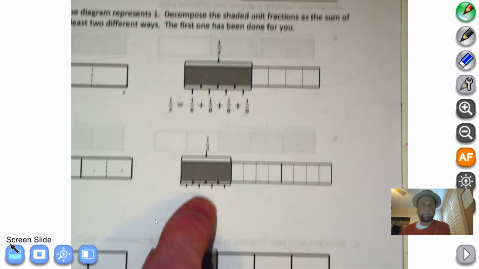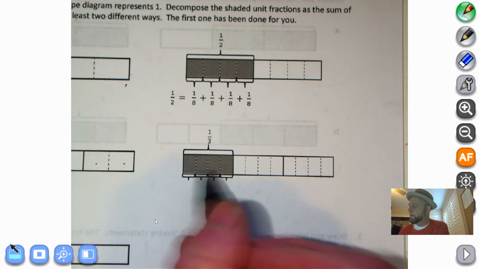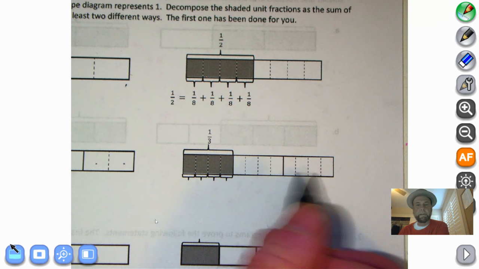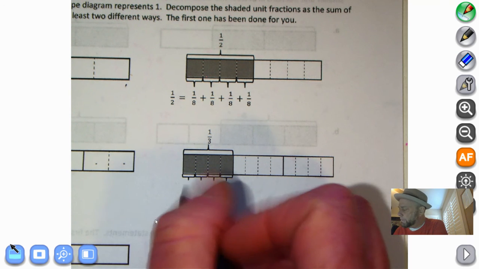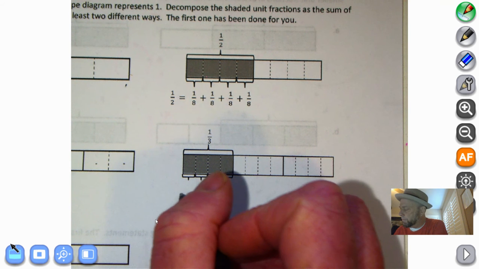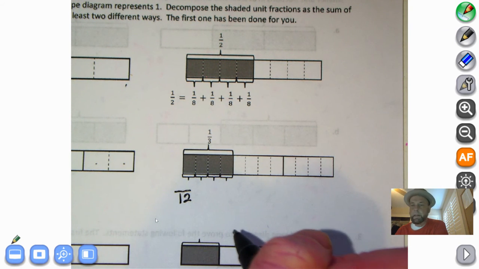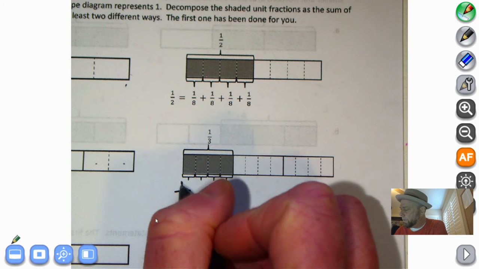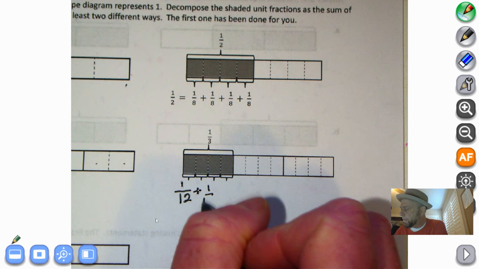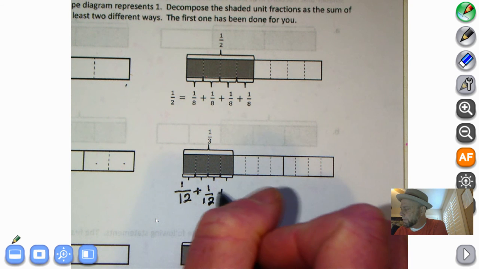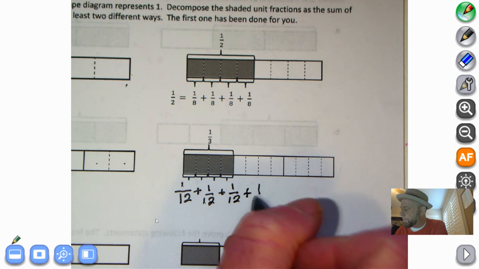Let's see what's going on over here. All right, we have 1/3, and we're breaking it up into 4 pieces. 1, 2, 3, 4, 5, 6, 7, 8, 9, 10, 11, 12 total pieces. So I know this is going to be a 12. It's 1 piece of 12, and then we're going to add another piece of 12, another piece of 12, and another piece of 12.